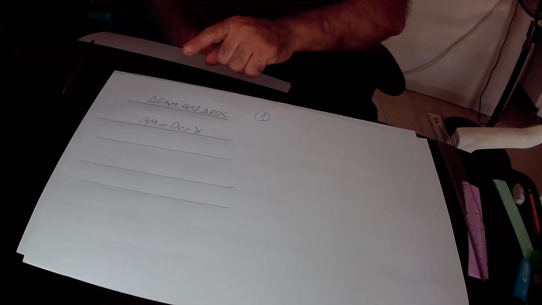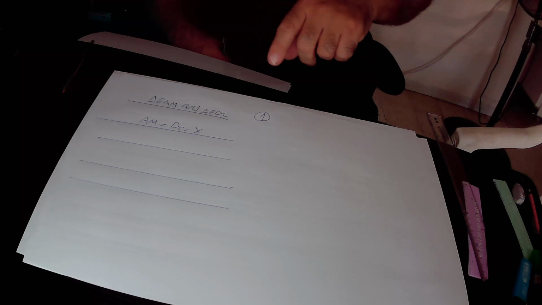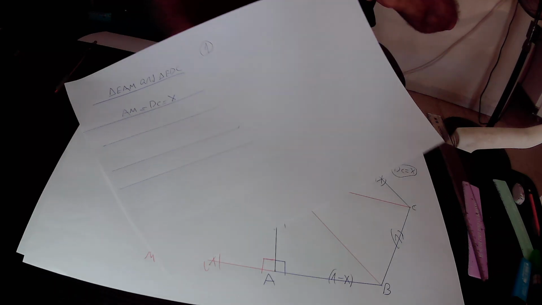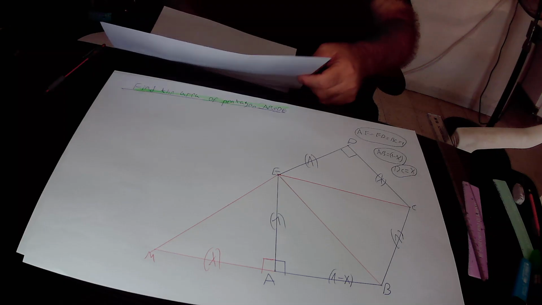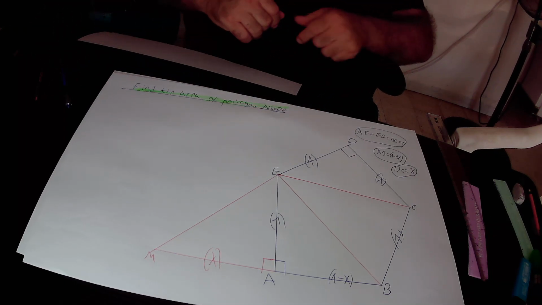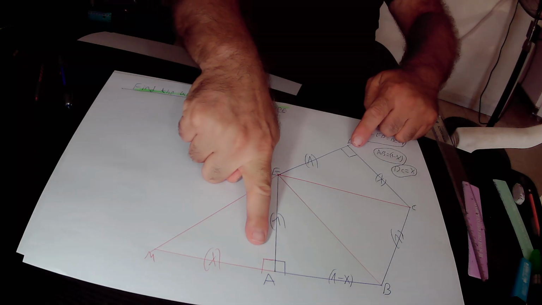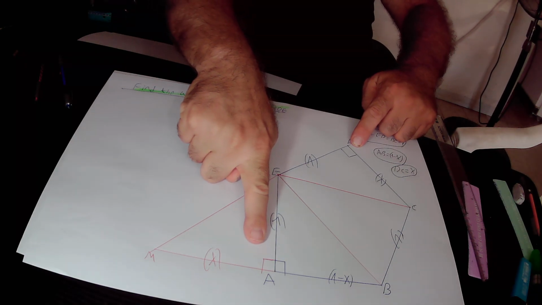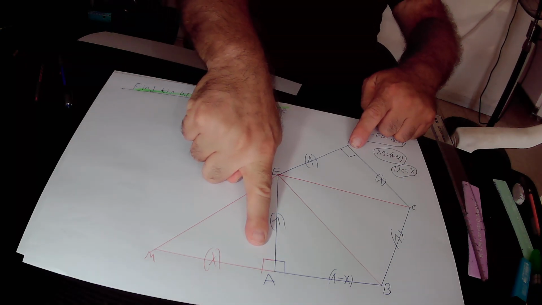Again, side AM of the right triangle EAM equals side DC of the right triangle EDC. They are both equal to x and therefore they are equal to each other. In addition, those two angles are both equal to 90 degrees and therefore they are equal to each other.